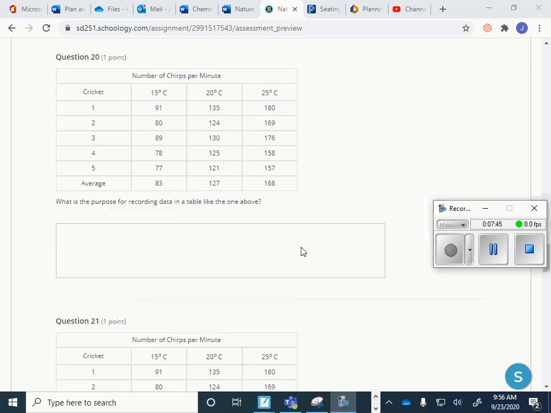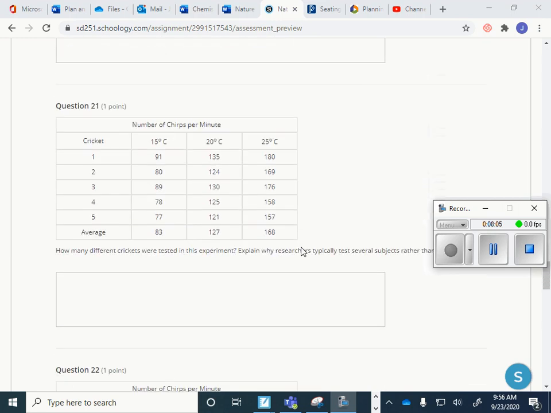Question number 20. There is a data table, and the question is, what is the purpose for recording data in a table like the one above? Why do scientists use data tables? Question number 21.